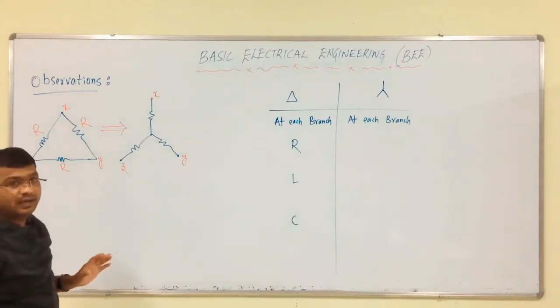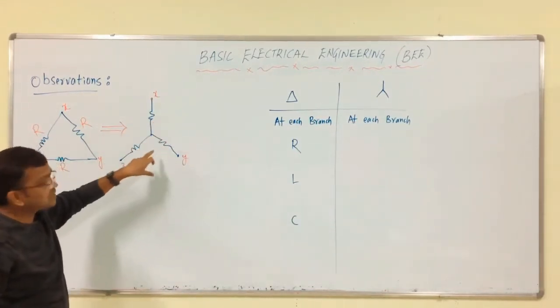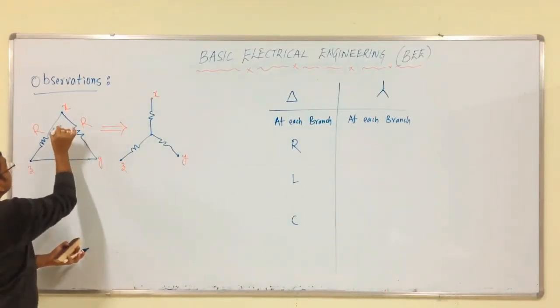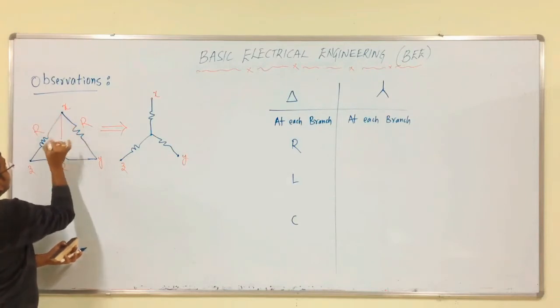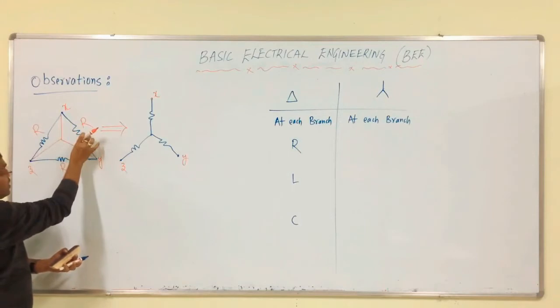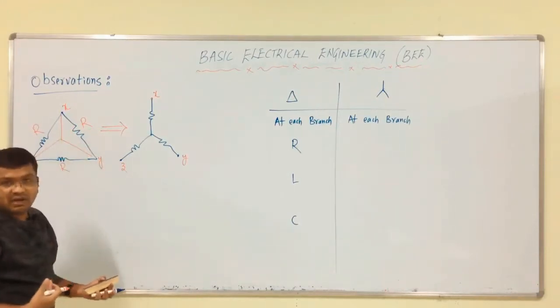We all know the formula to get this branch resistance. This is the given network, the blue marker, and the red marker is our required network.